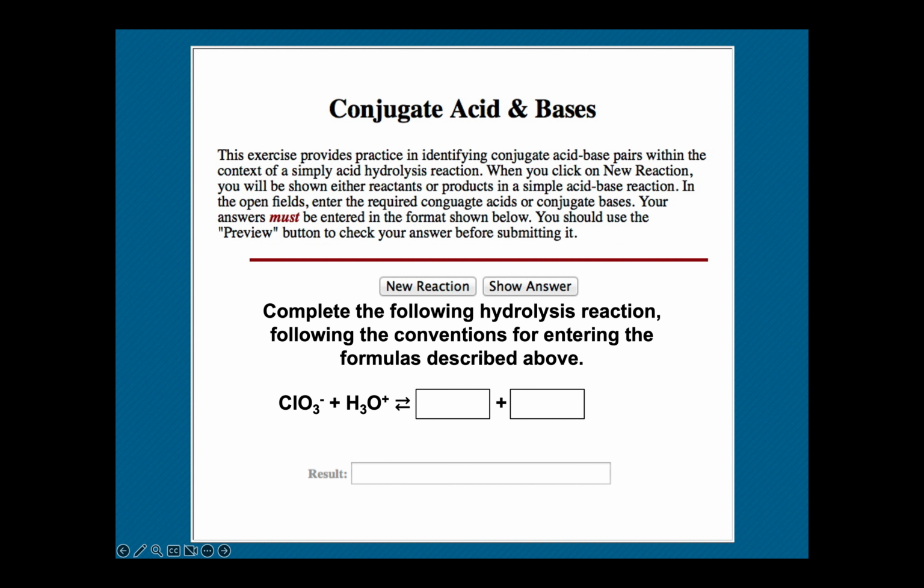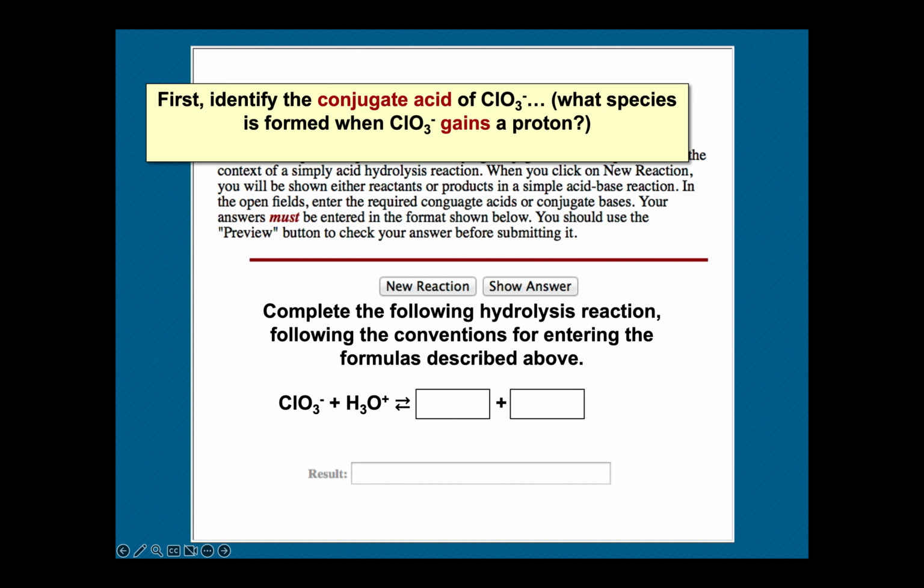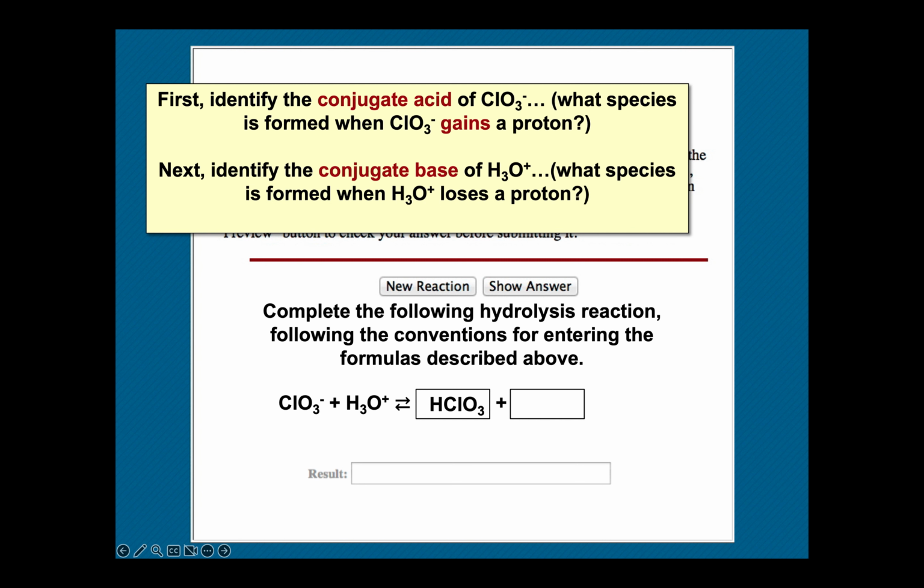We have chlorate plus hydronium. So the first question is, if we donate a proton to chlorate, what do we get? When it gains a proton, it's simply chlorous acid. When hydronium loses a proton, as a Bronsted acid should, what does it form? Simply water.